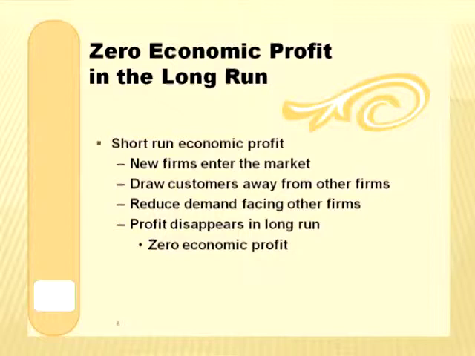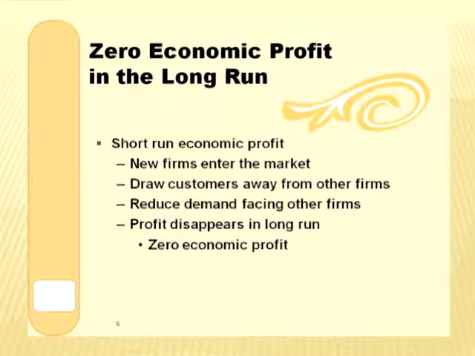One way of thinking of this is if you were to open a small stand that sold Cokes and water and all of that sort of thing at the beach, at least to begin with, you would make a tremendous amount of profit until other people noticed how much money you were making, and then they would decide, well, why don't I do the same thing? When that happens, it draws customers away from your firm and reduces the demand curve, moves the demand curve more like what we saw in point B, and ultimately the profit disappears and we make zero economic profit.